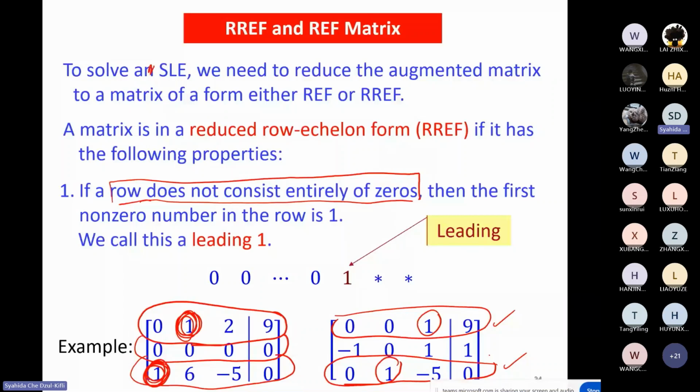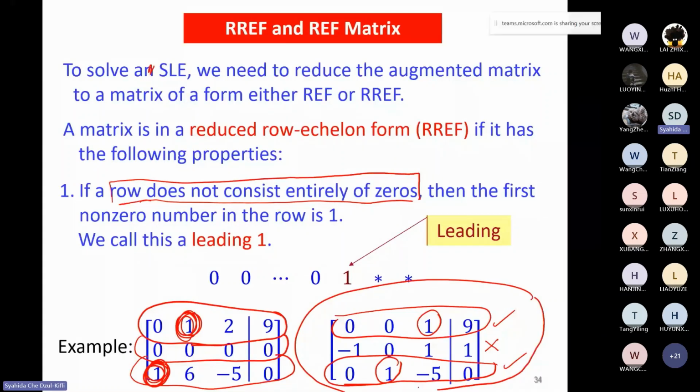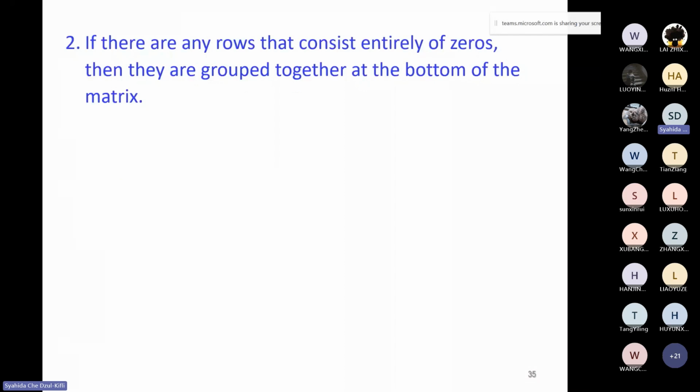Therefore, the whole matrix does not satisfy property 1. Okay, is that clear? Yes. Okay, so we move to the second property.